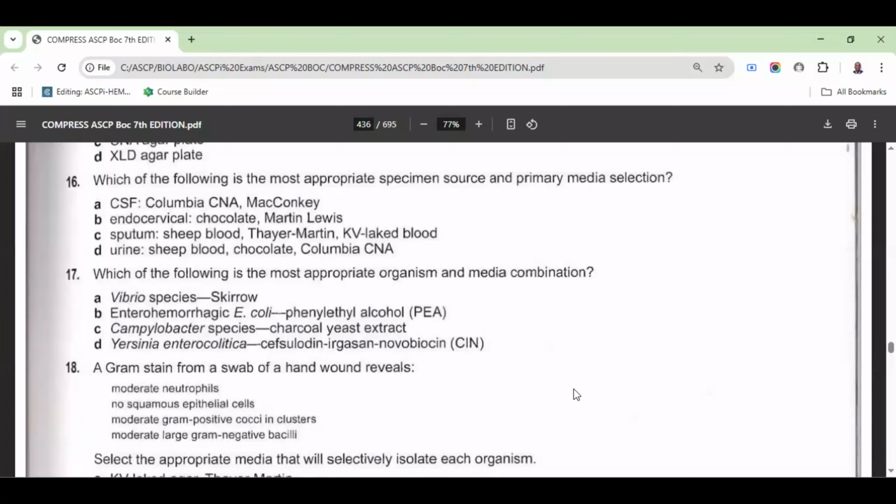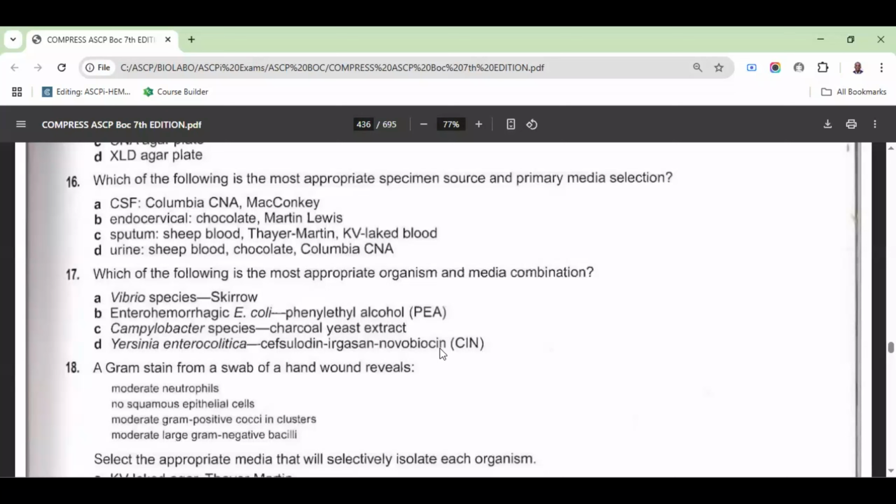Then C, charcoal yeast extract. Yesterday we mentioned it is used for Legionella, not for Campylobacter species. So we are remaining with D. I was trying that elimination method, but I'm also going to explain why we use D.